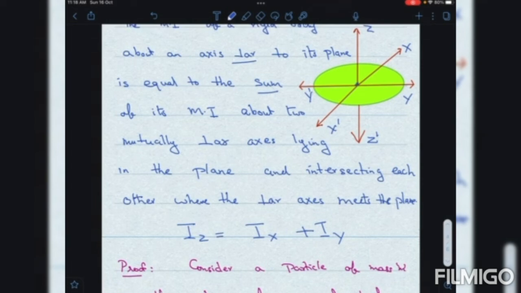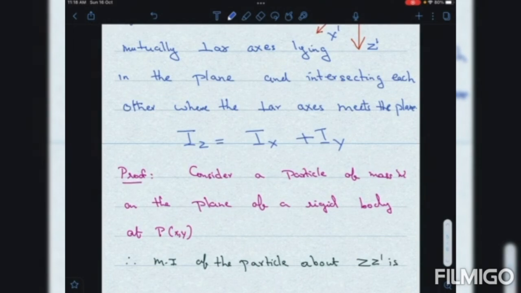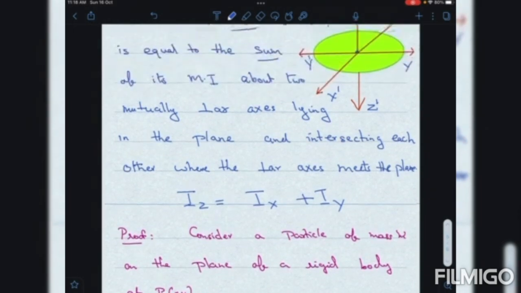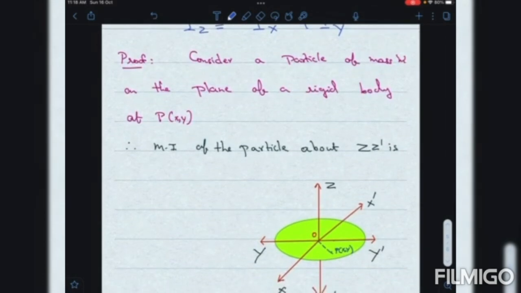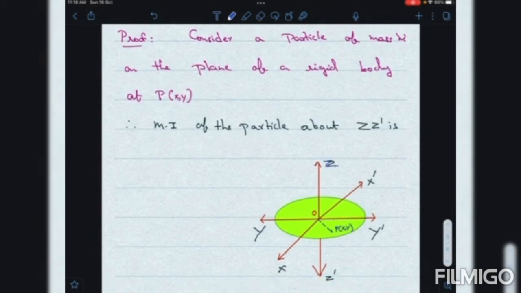Now we have to look into the proof. Consider a particle of mass m on the plane of a rigid body at point P. See, I have drawn here. At point P, the coordinates are x and y. Now we have to find the moment of inertia about Z prime. This is Z prime. We know it is equal to mass into distance square. How do you calculate the distance? You drop a perpendicular there.